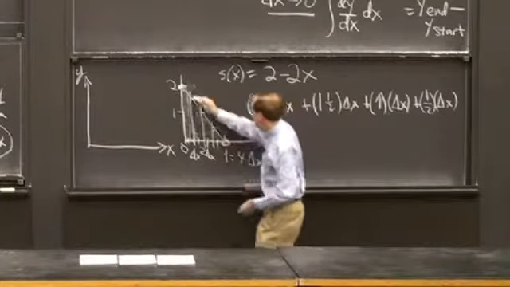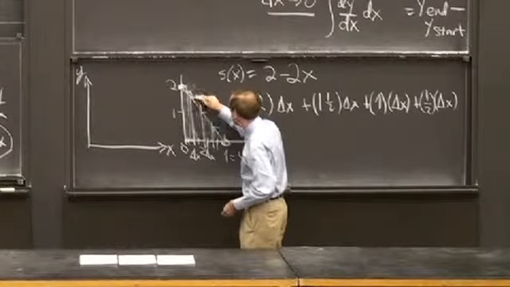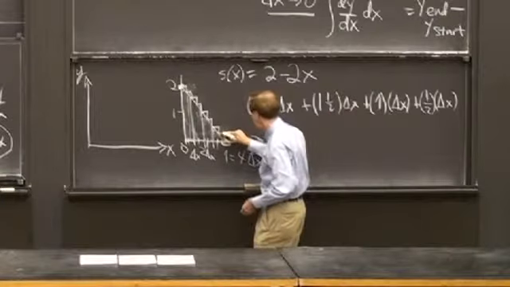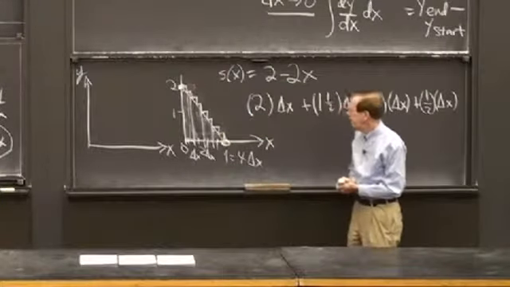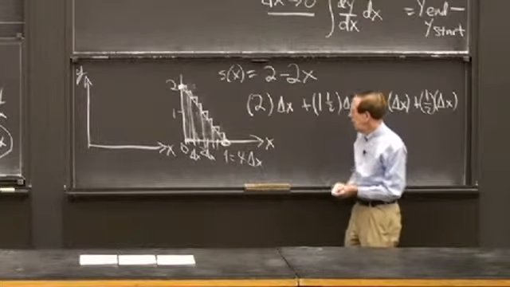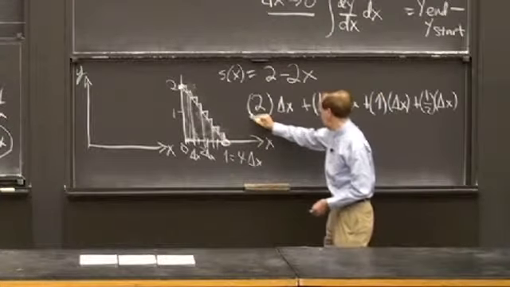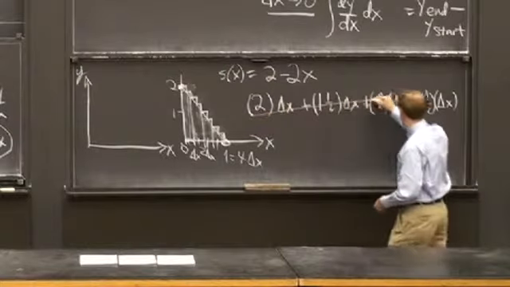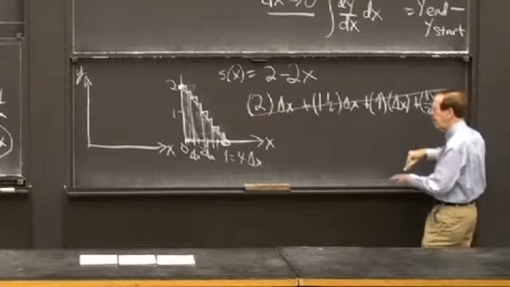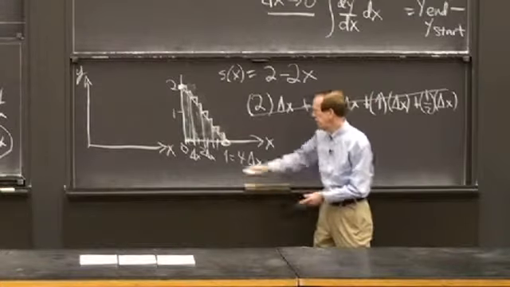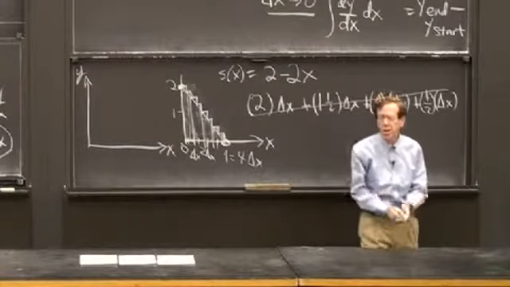I'm going to have this zigzag. That wasn't too bad. I'm replacing that with a sum of 8 pieces, because delta x is now down to 1/8.